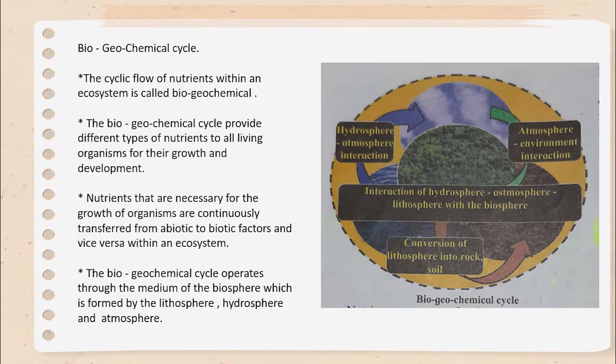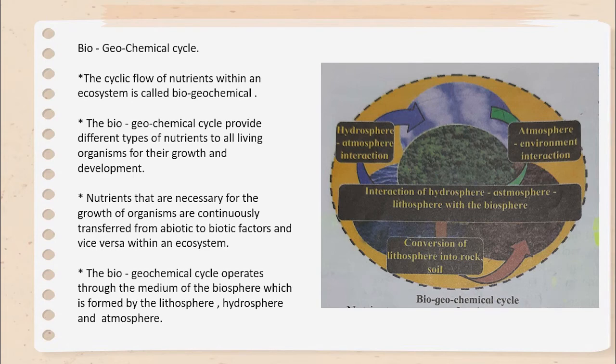Now, our next subtopic is biogeochemical cycle. In the word biogeochemical cycle, the word bio refers to all the biotic components of the earth, whereas geo refers to all the abiotic components like land, soil, water, air. And the word chemical refers to all the chemical reactions taking place on the earth. Hence, in simple words, it is the movement of chemical substances due to the interactions of biotic and abiotic components of the earth.